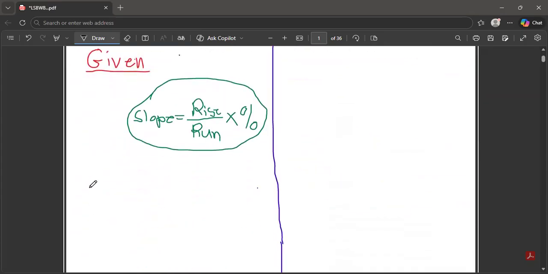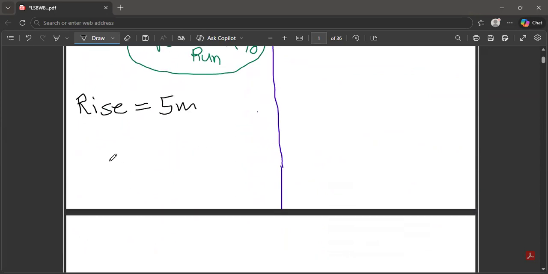In this case, our rise is equal to 5 meters, and our run is equal to 35 meters.